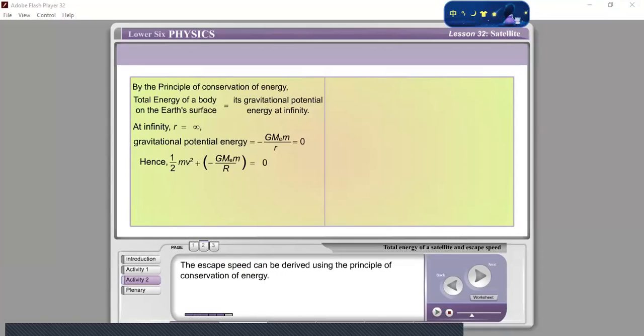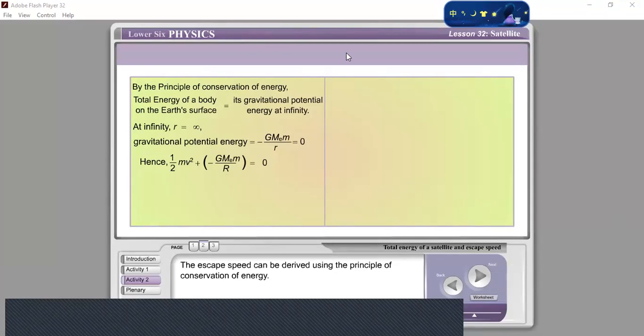Hence, half m v squared minus G M_E M over R equals 0, which implies v equals the square root of 2 G M_E over R, where v is the escape speed.